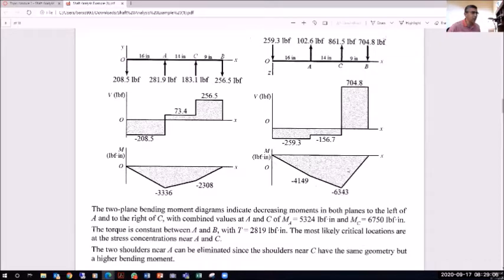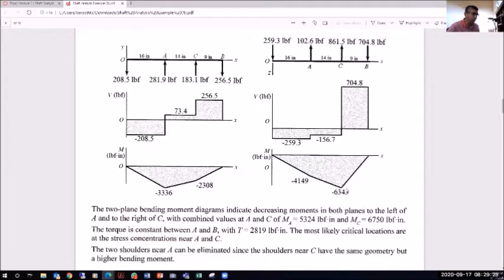So I look here and the maximum moment is this minus 6,343. Now this is an MY component that needs to be added to an MZ component. Of course, these are vectors, they have direction.